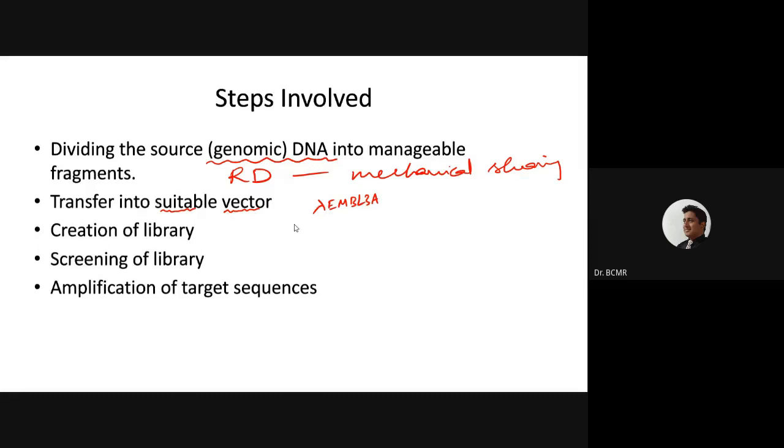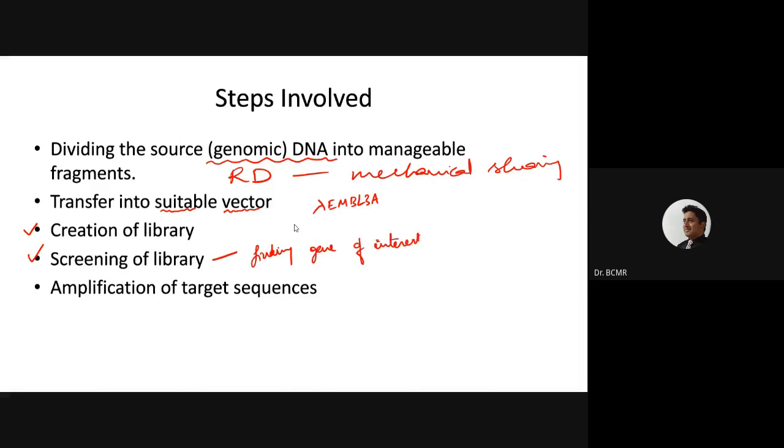Then you will be able to create a library, and after that, we should be able to screen the library. Screening the library is finding what we want, the gene of interest or clone of interest.